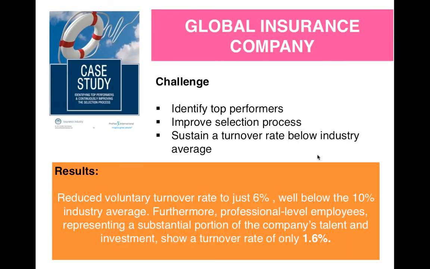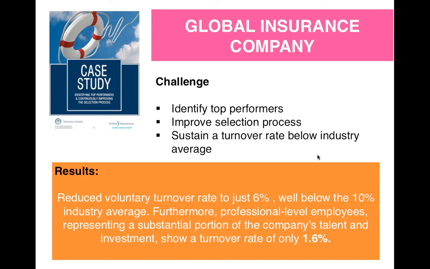Now, another industry I'd like to share with you is a global insurance company whose main challenges were identifying top performers, improving the selection process, and sustaining a turnover rate below the industry average. This global insurance company has been around since 1966, and they engaged Profiles International in a productive relationship to improve associates' performance.